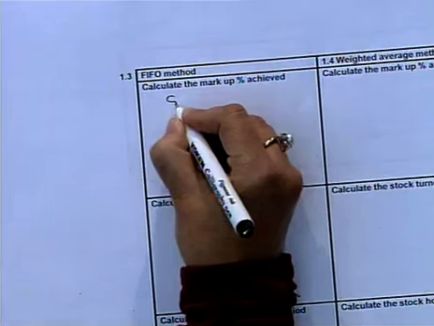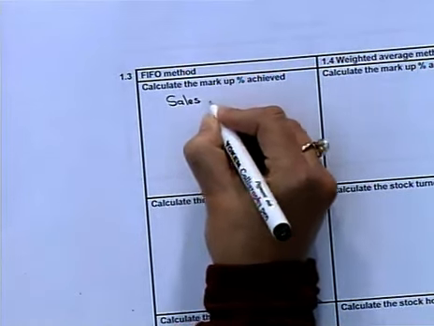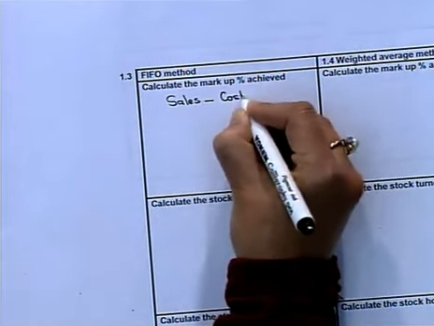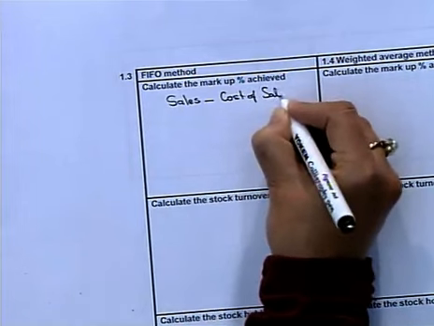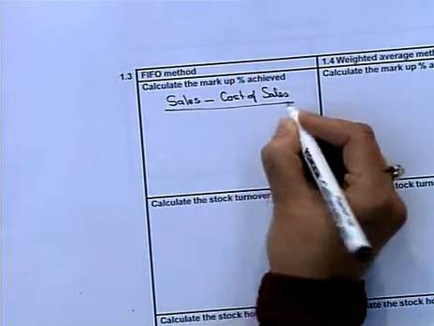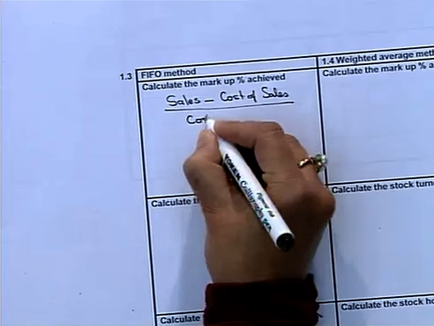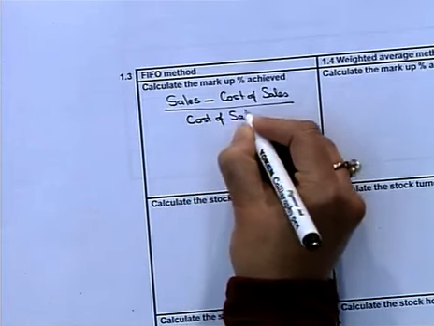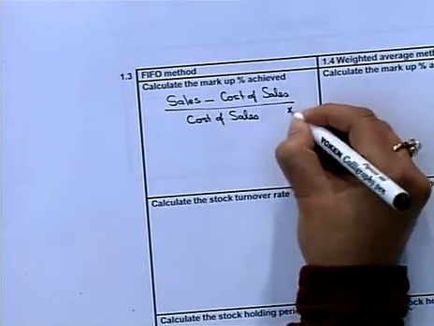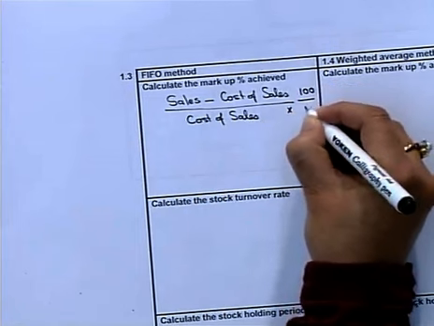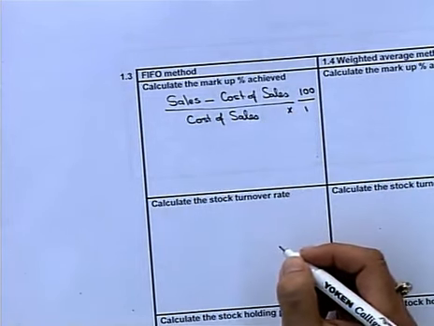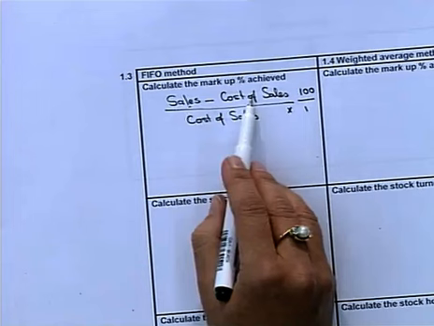Okay, so when you work on the profit markup percentage achieved, remember that is sales minus cost of sales divided by cost of sales, and you multiply that with 100/1. But you've already got sales minus cost of sales.